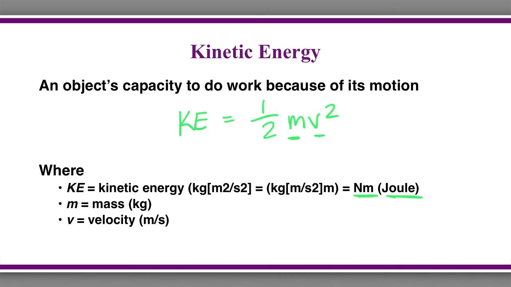All right. So then, of course, in our equation, m is equal to mass and v is equal to velocity.